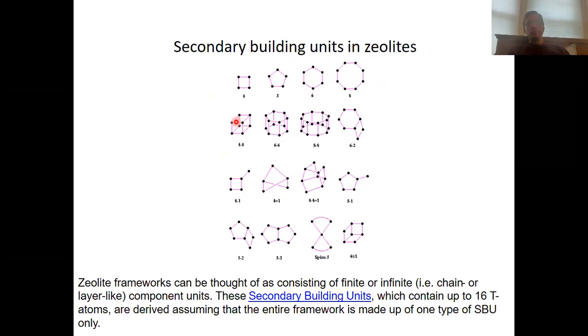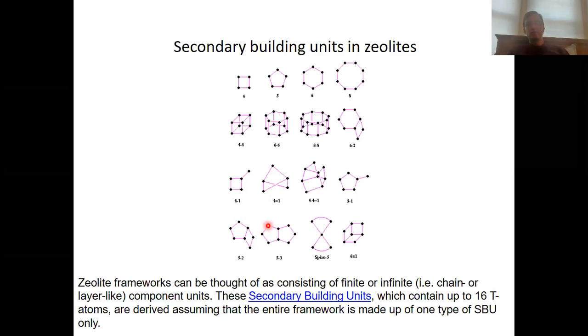We can also have more complicated building units like this 4-1 building unit, where we have basically a square which is attached to a single silicon tetrahedral center. And that can also be the only secondary building unit the zeolite is made of. Or we can also have building units with shared rings, for example.